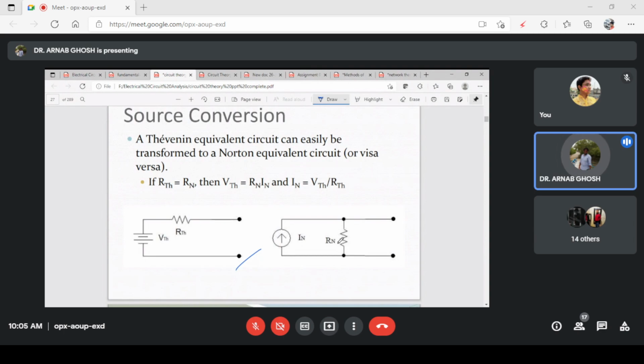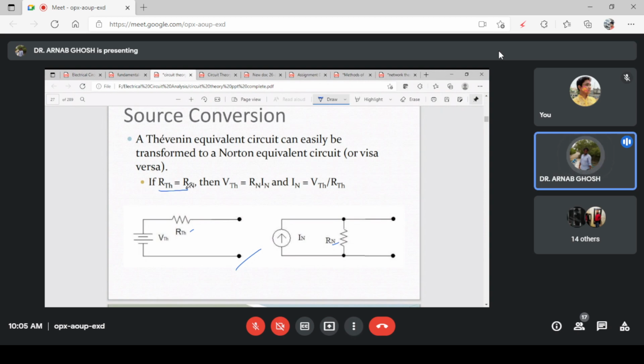Now we already saw that the Thevenin's resistance and the Norton's resistance would be equal across the terminals of the load resistance, because the rest of the circuit remains the same way you calculate the resistance. So this RTH and this RN will be equal to each other.